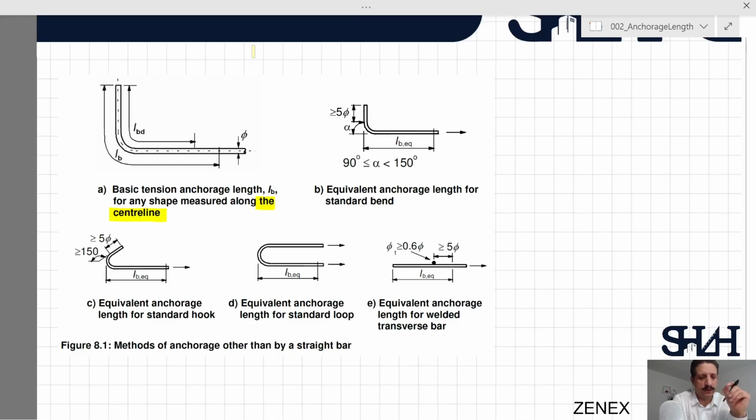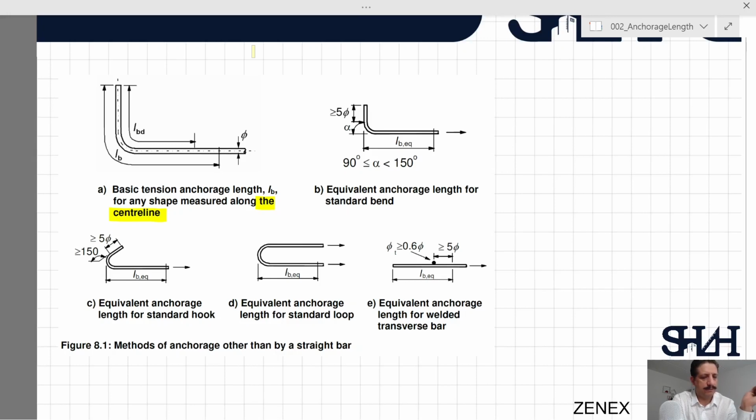From the point that you have the maximum stress, you need to have enough anchorage length. This is the equivalent anchorage length. And also if you bend it, then you need to have at least greater than 5 times phi for the reinforcement.